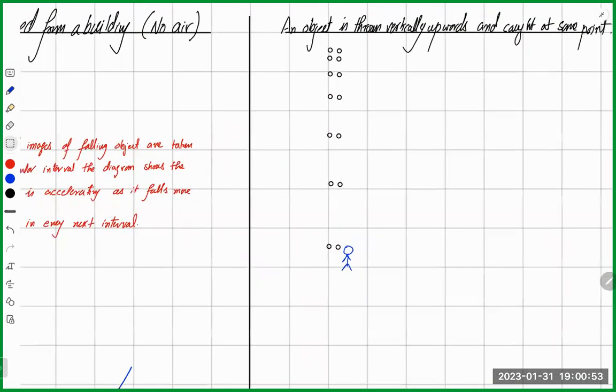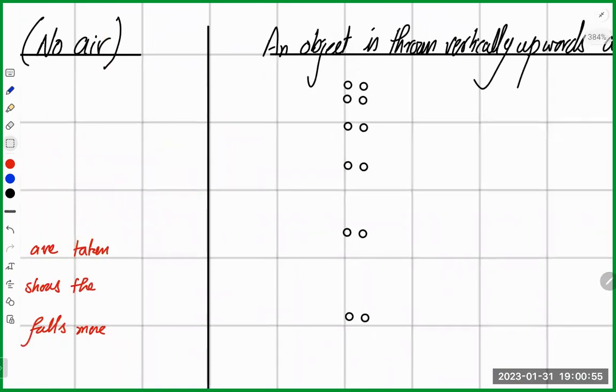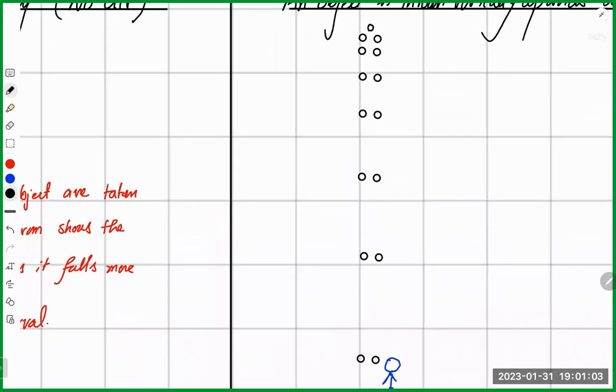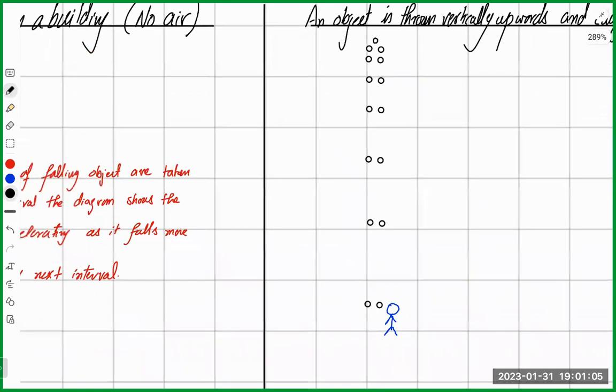So actually this object goes up and then comes back in the same line. But for the simplicity that we can understand what is going on, we're showing the object in two different lines.